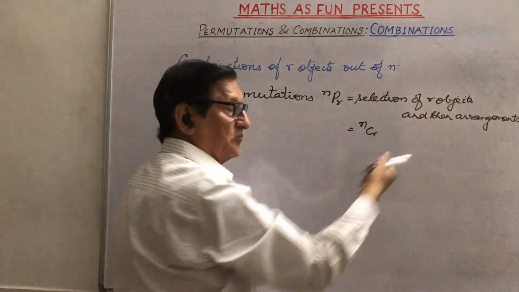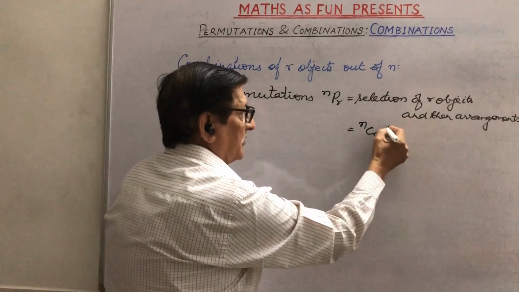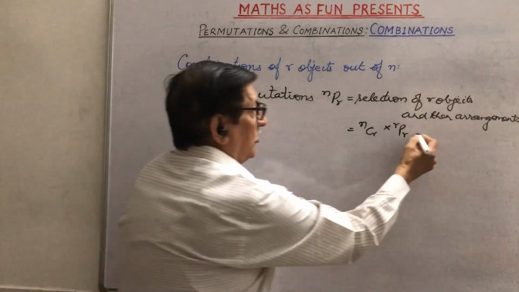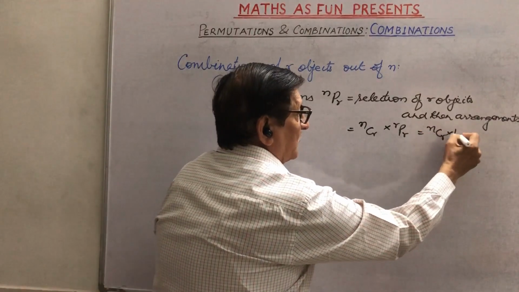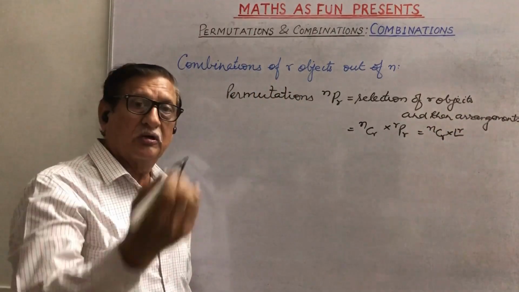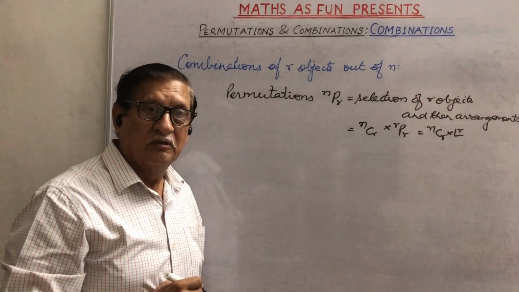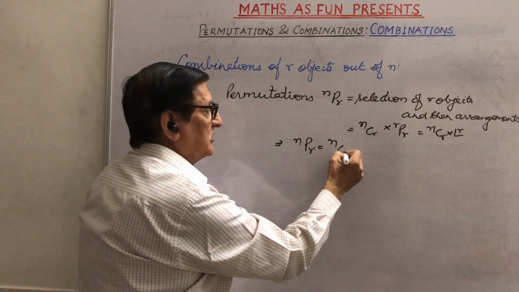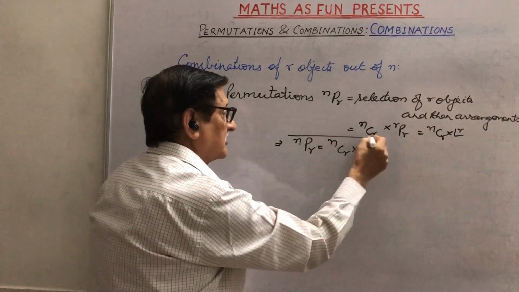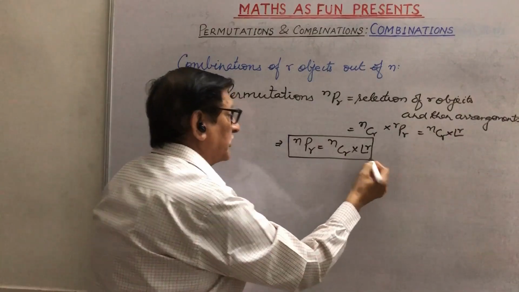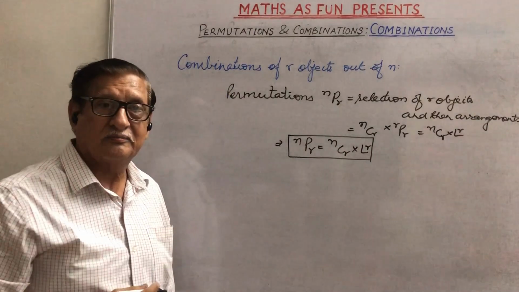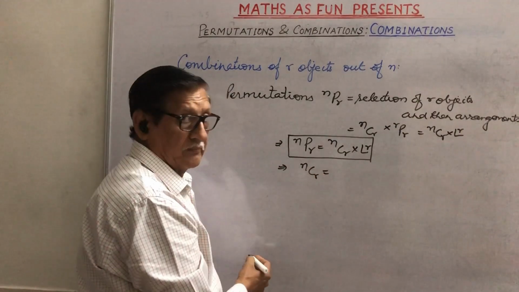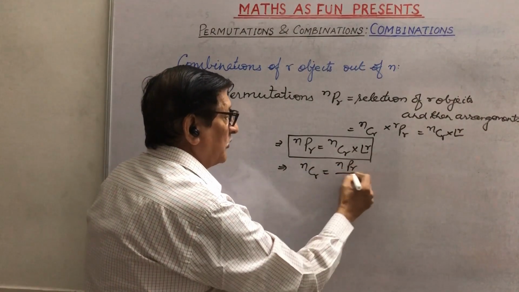How to arrange r objects out of r? That will be given by rPr, and we know that rPr is factorial r. We have already learnt this in the previous videos. Can we say here that nPr is equal to nCr into factorial r? This gives us a relation between permutations and combinations, and from this we can calculate the value of nCr, that is nPr upon factorial r.